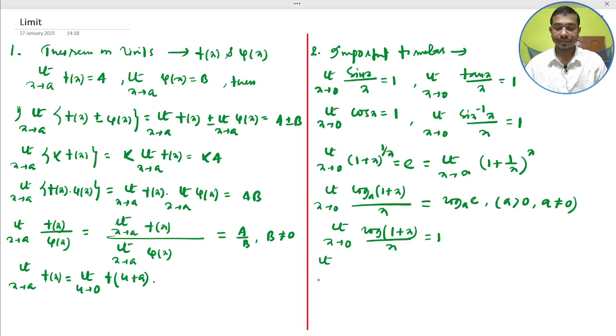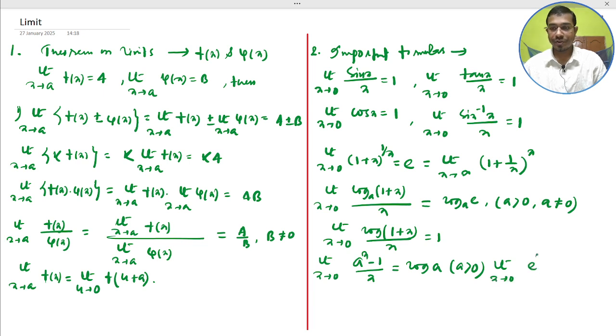Next one, limit x tends to 0 of (a to the power x minus 1) by x, that would be log a, provided a greater than 0. And limit x tends to 0 of (e to the power x minus 1) by x, that would be log e.